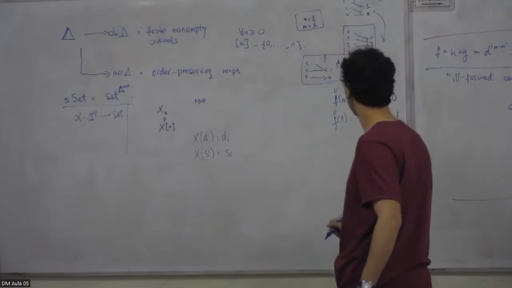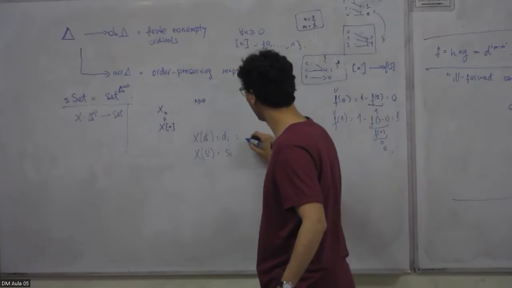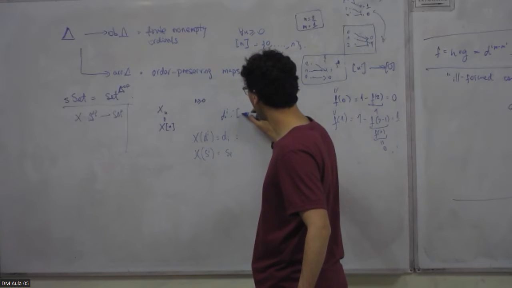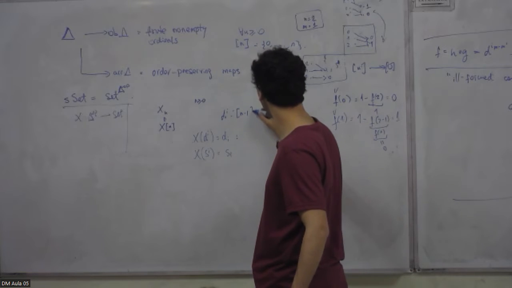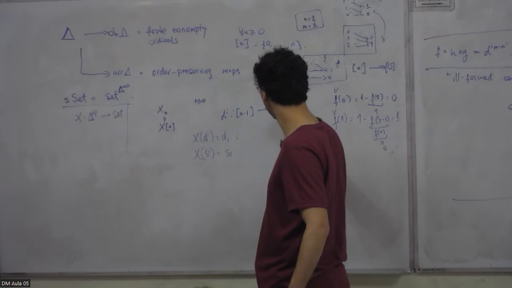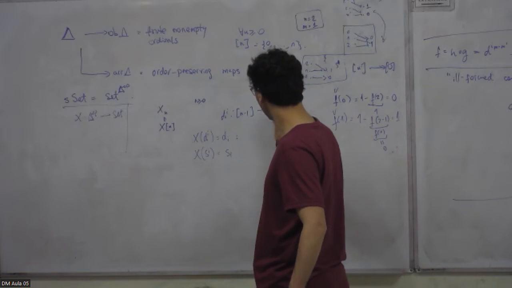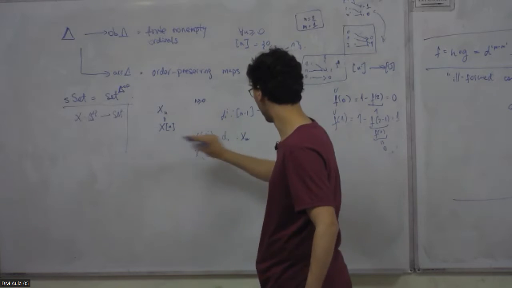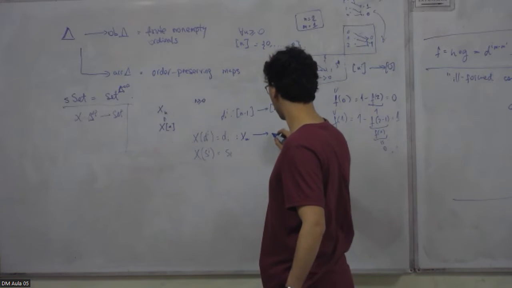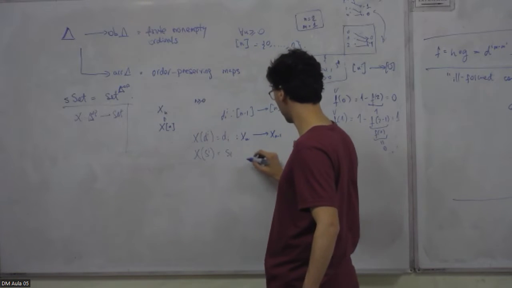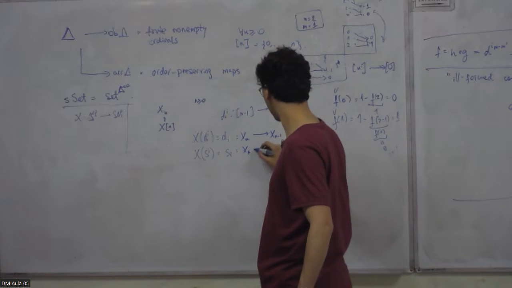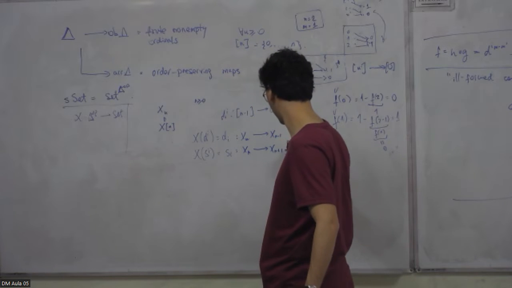Now if the coface map went from n-1 to n, then this will go from X of n to X of n-1, which under this notation is a map from here to here, right? And dually, this will be a map from here to here, right?